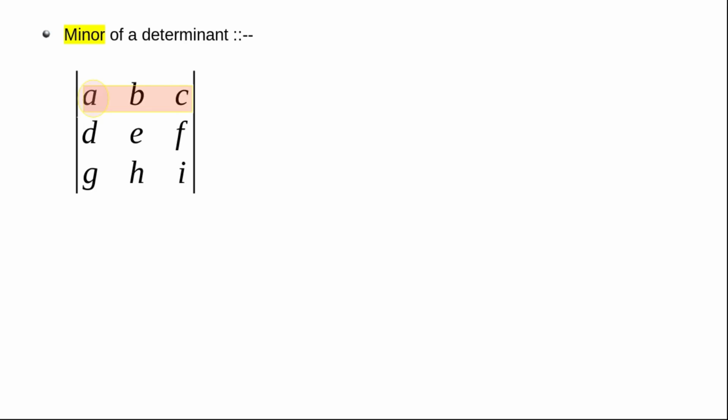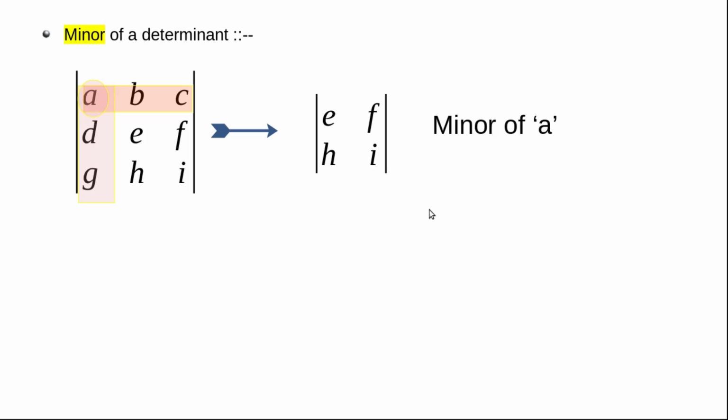We will highlight the row containing A and the column containing A. Now see the not highlighted portion of the determinant. It will be the minor of the element A. So the not highlighted portion, if it is written in determinant form, is a 2 by 2 determinant, 2 rows and 2 columns, a second order determinant. It will be the minor of A.